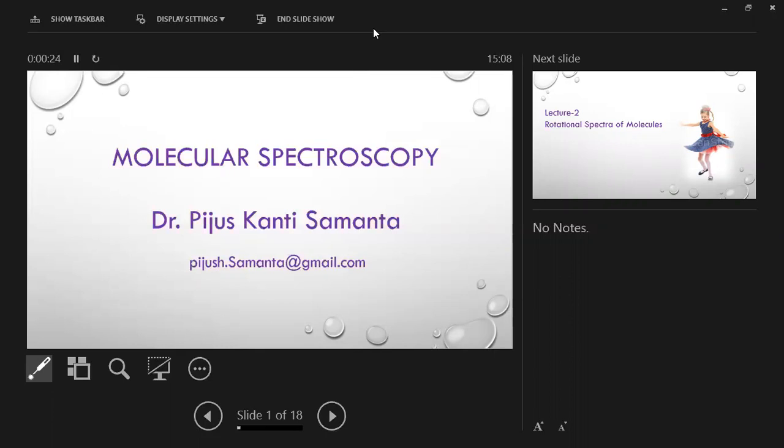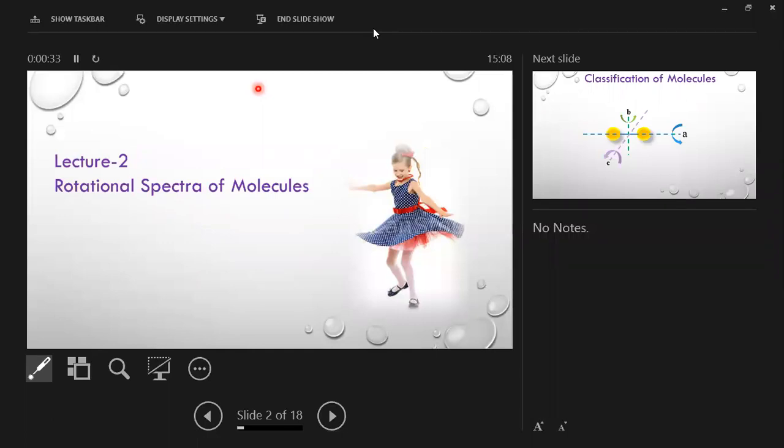Okay. So today is the second lecture of the course Molecular Spectroscopy of your third semester. In the first lecture, we discussed the various kinds of electromagnetic radiations and waves and all backgrounds related to electronic spectroscopy, its development of quantum mechanics, and various concepts of quantum mechanics to understand the electronic energy levels of atoms.